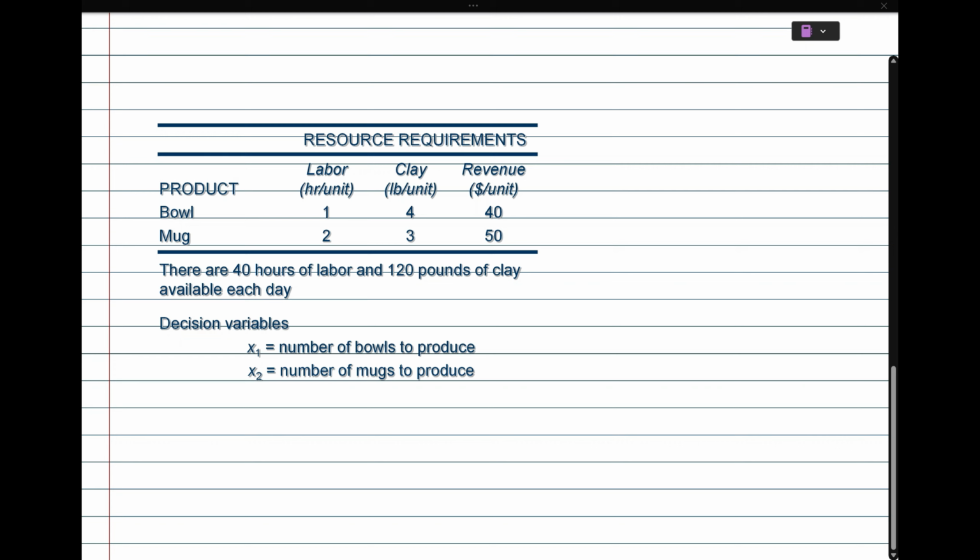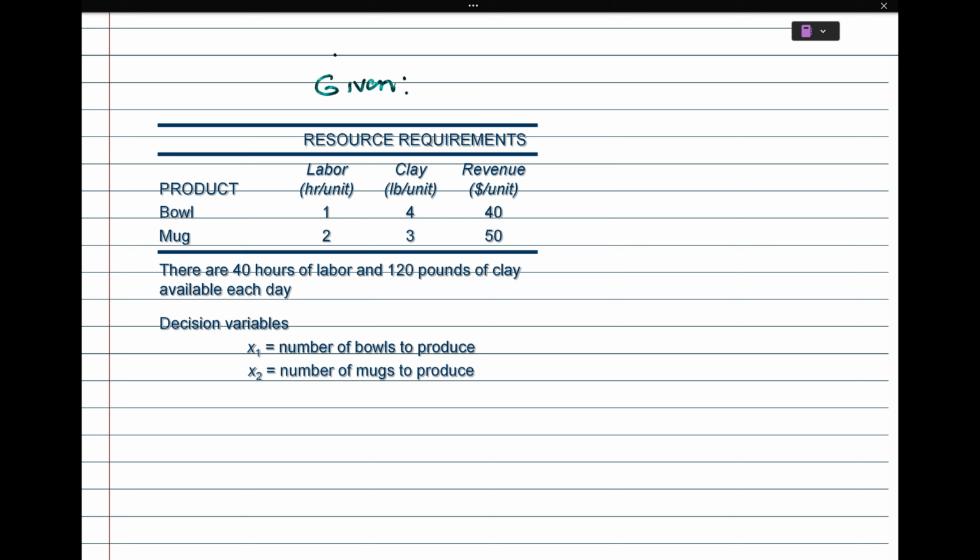Let's say we have this example where we have a company using clay to produce products of either a bowl or a mug. This is the given information. Usually they give it to us in the form of a word problem, but in this example, they're giving it to us in tabular form.